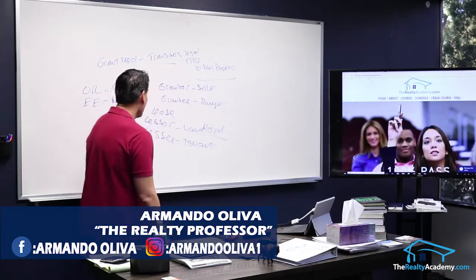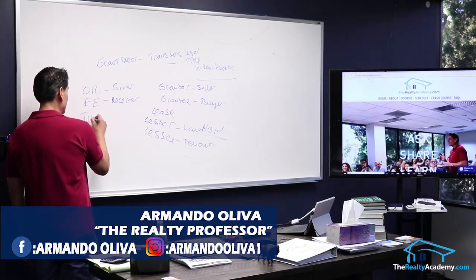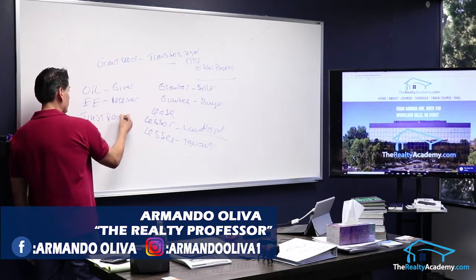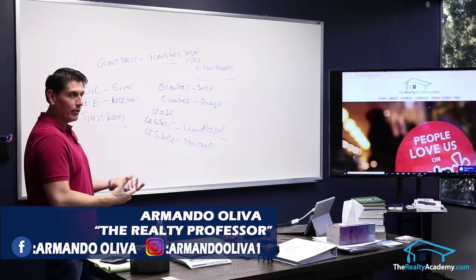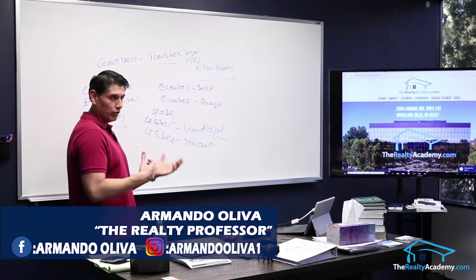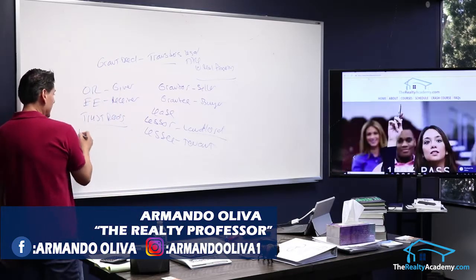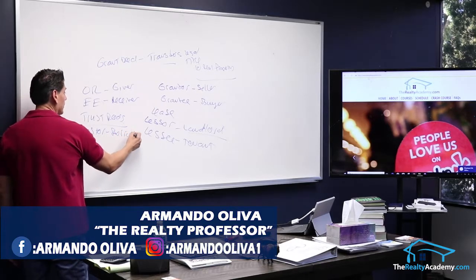And if we continue that through, when we talk about trust deeds, which we'll go into in detail in a minute, the borrower, the one that went to the lender for the loan and is willing to deed the right of foreclosure to the lender, is the giver. So they are the trustor, and that's the borrower.